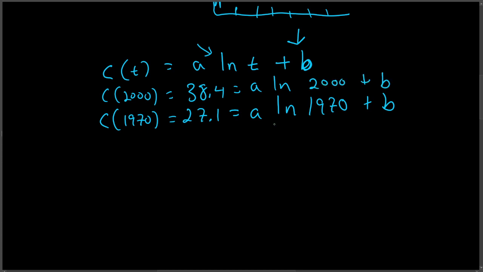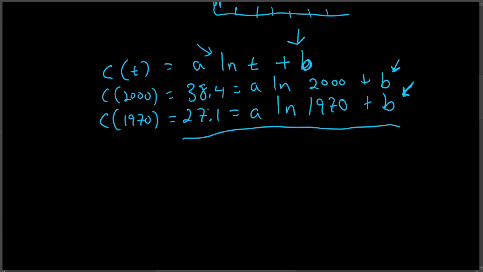And so my job is to solve for the coefficients. Well, I have two unknowns, so I need two equations. And the easiest thing we can do is we can subtract these two equations. Because if we subtract them, the b coefficient, the constant, is going to go away.